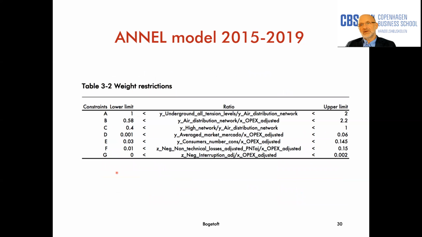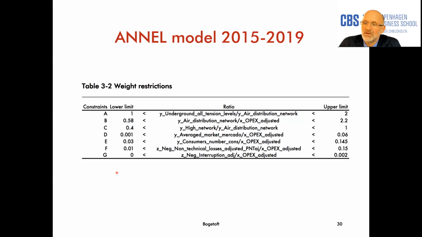Another feature of the Brazilian model is that they have actually introduced weight restrictions. So they have a lot of restrictions about the rate of substitution at the frontier. They give some intervals for the relative cost of operating underground to overhead lines.